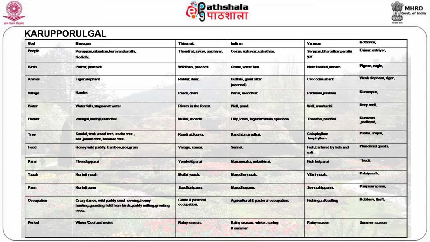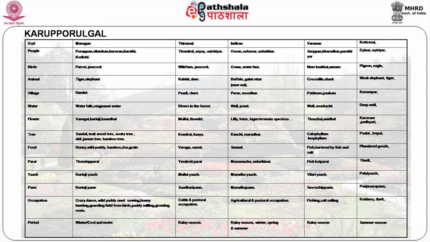If I translate it to English, it's the concept. Basically what we have taken is god, people, birds, animals, village, water source, water availability, their flowers, type of trees that existed in those days, type of food they ate.